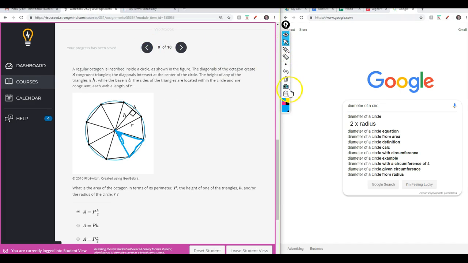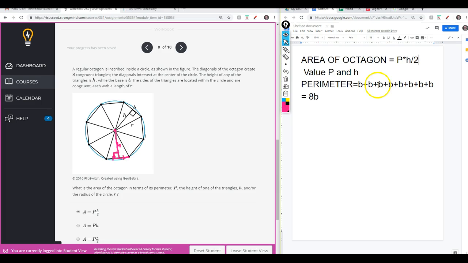I know this part and this part are the same length. I also know that that's 90 degrees. That makes it the height of this triangle, so we're going to be estimating that height. We will be working pretty exclusively with these formulas that we created.